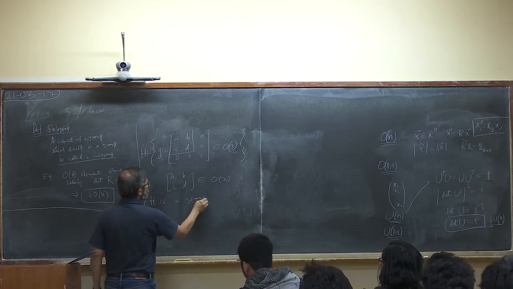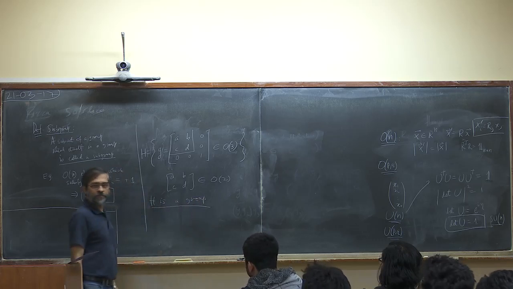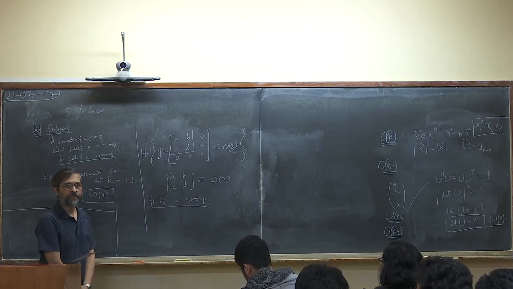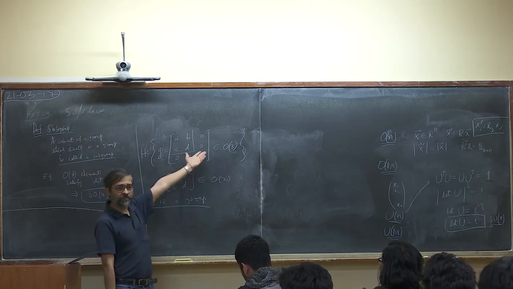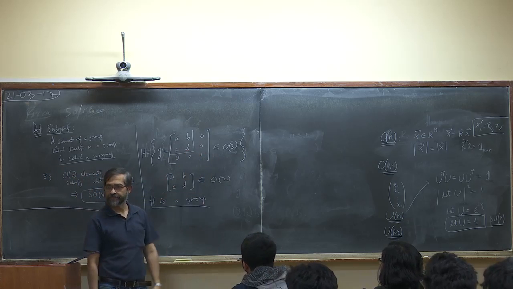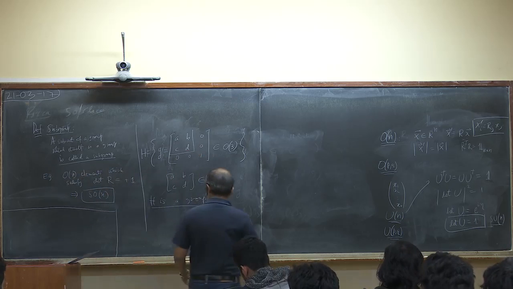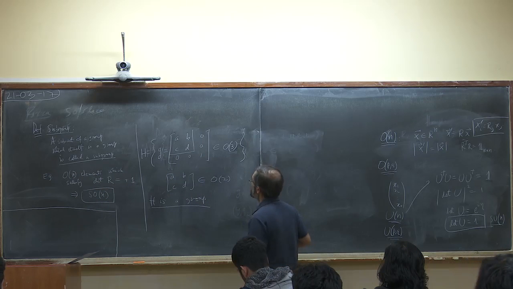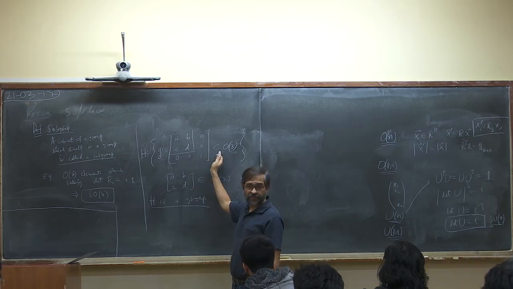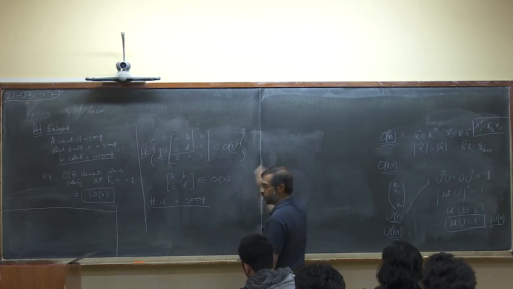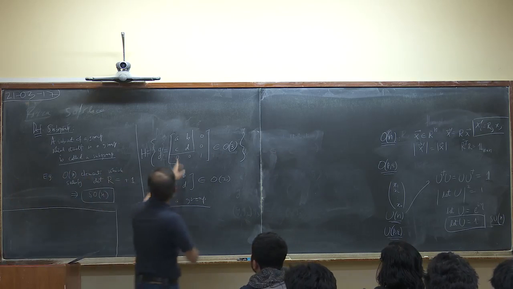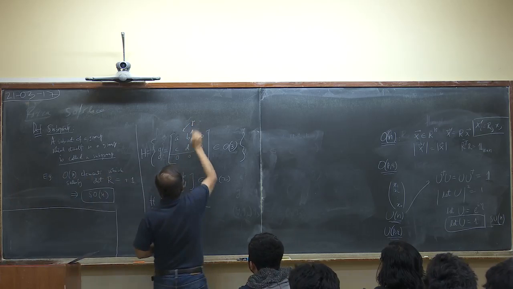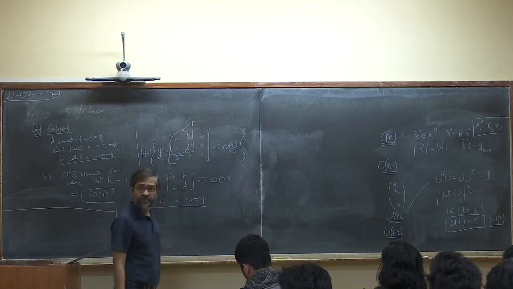What do I have to do? I have to take two such guys and show that the form remains the same. Namely, I have to multiply this with another such fellow. Let me call this 2 by 2 matrix a small r.